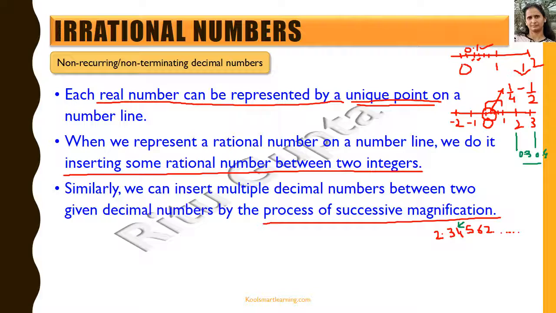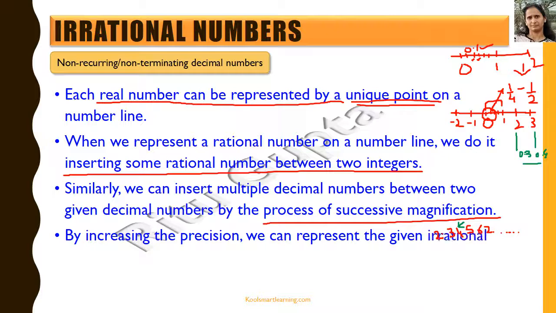Then we continue with that process of successive magnification, and that number can be represented as a unique point on a number line. So we can keep increasing the precision to represent the given irrational number till the required precision.